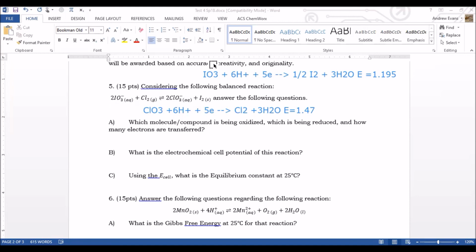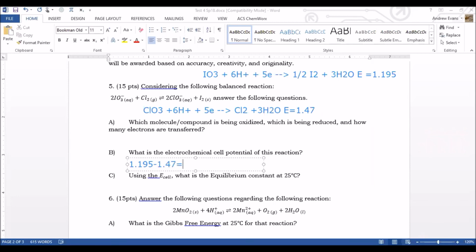So the one that matches the table is being reduced. The one that is opposite from the table is being oxidized. And we always use 1.195 minus the one that's opposite.